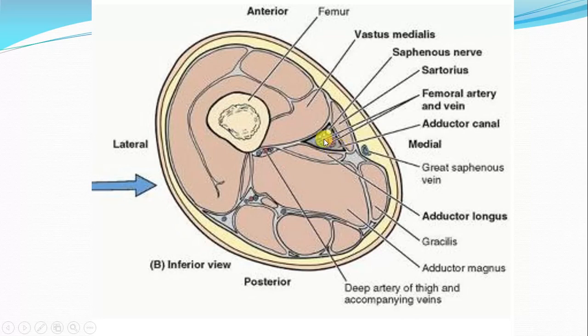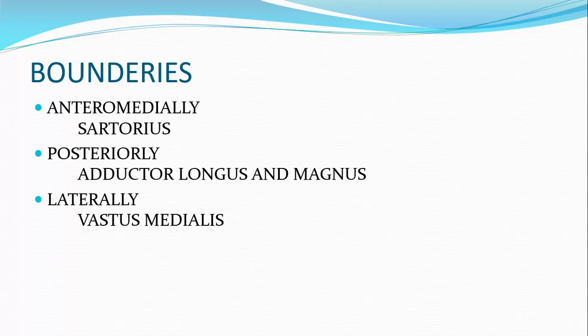Okay, so I have solved the quiz now. I have confirmed and found that I was wrong, and where I was wrong, I have corrected myself. Now I will not forget it. That's anteromedial sartorius, laterally vastus medialis and posteriorly adductor longus and magnus.